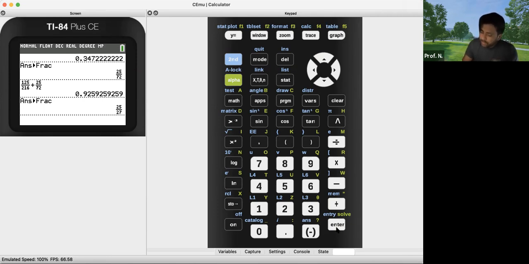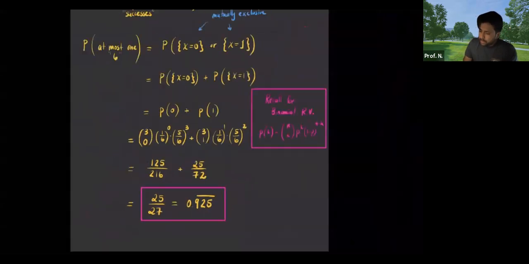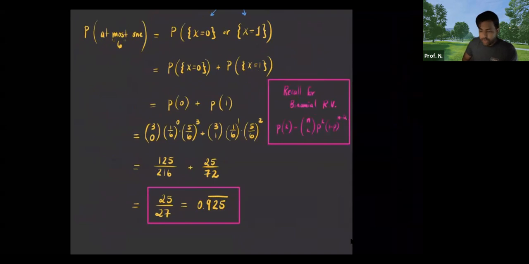That's what I get, which is approximately 0.925. And it looks like this repeats. Yep, so this repeats. Okay. So we've found the probability. We found the probability of rolling at most 1/6 when we roll 3 fair dice.